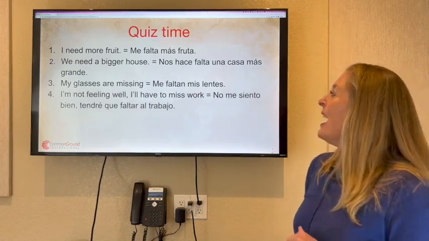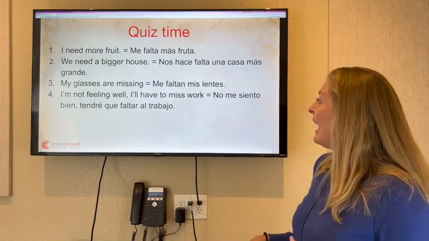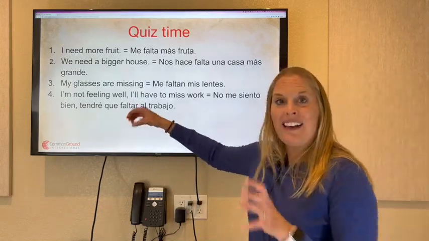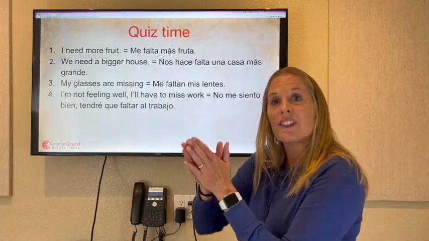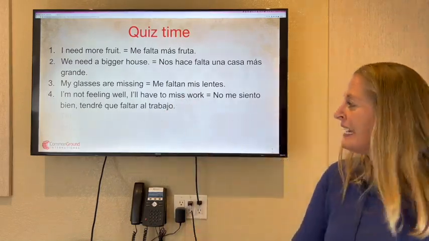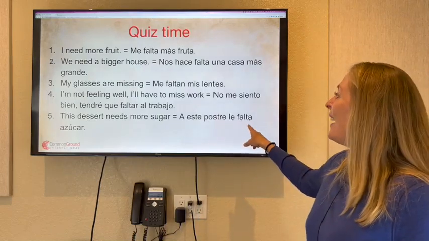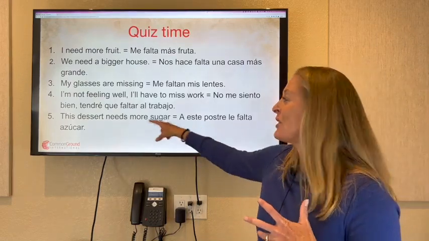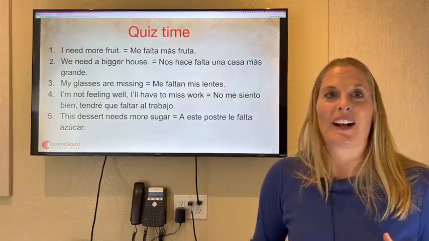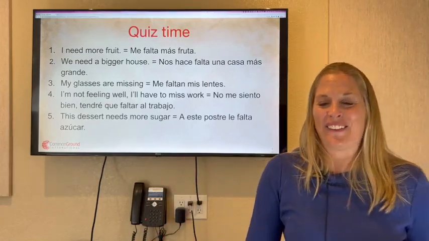Número 4, no me siento bien, tendré que faltar al trabajo. That's the a, the preposition a, el trabajo, a conjunction al trabajo. Y finalmente, número 5, este postre le falta azúcar. It's lacking. It needs more sugar. Le falta azúcar. How did you do? Let me know. How did you do on that quiz?